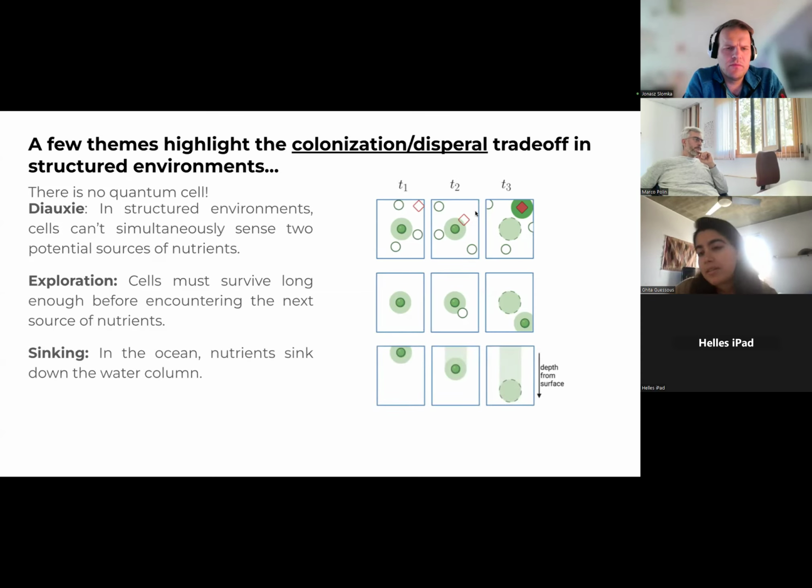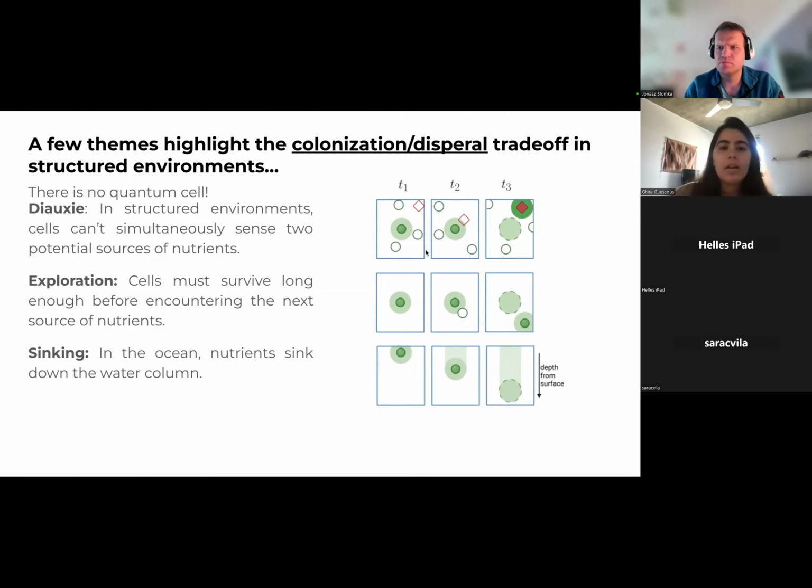In the ocean, as you are familiar with, gravity plays a role, and so things are sinking down. Because of sinking, one can imagine that a certain bacterial population might both want to maintain the population along the water column, as well as avoid some of these detrimental things in the ocean.